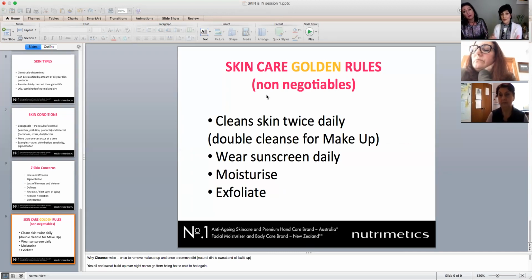Should it have the sunscreen in it? So then you look at the ones that have got the sunscreen. Correct. And we're really lucky with Nutrimedics because within any of the ranges, you've got various oil levels and whether you can use sunscreen or not.